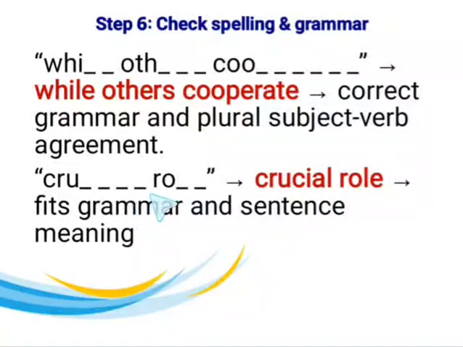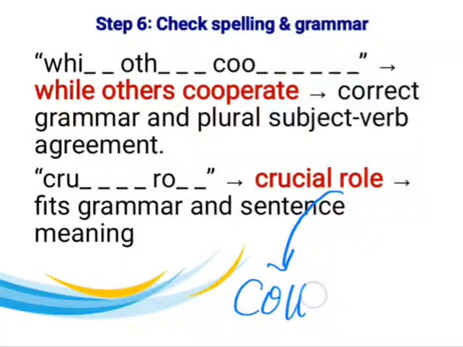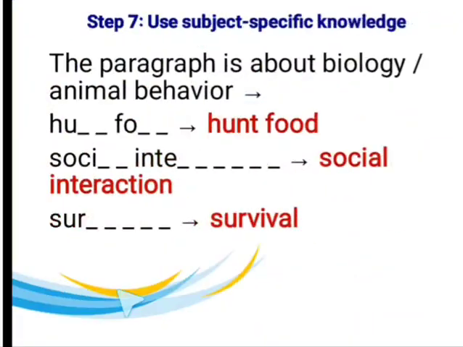Then crucial role, again, crucial is an adjective, role is also a good one. Here you can rely on your ability to understand collocations. Crucial role is a good collocation. Here you can rely on your specific knowledge as well.